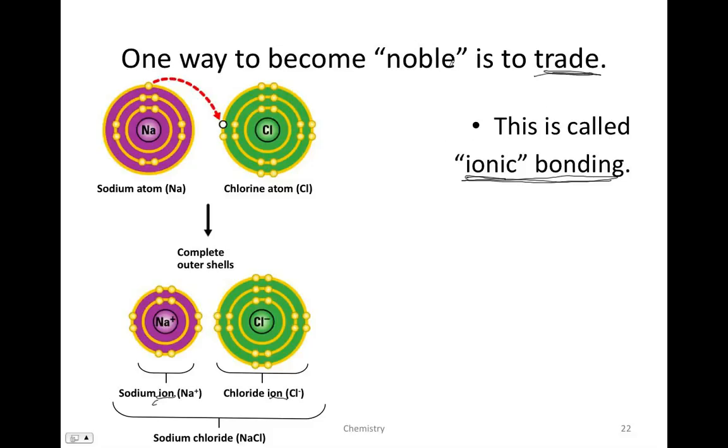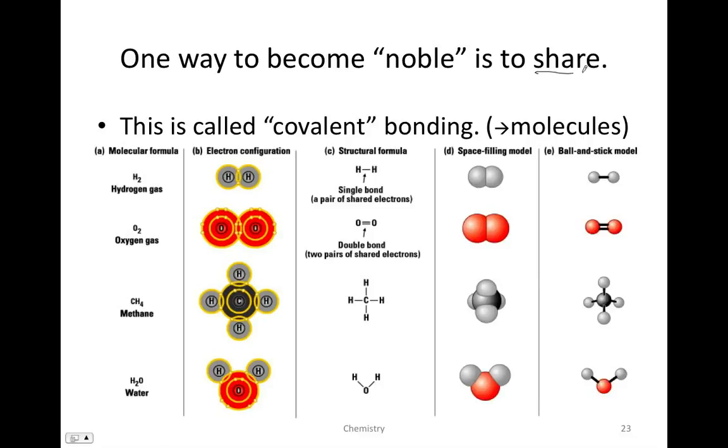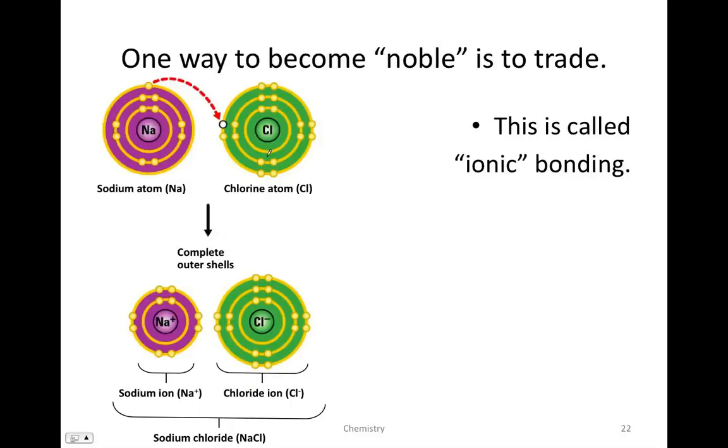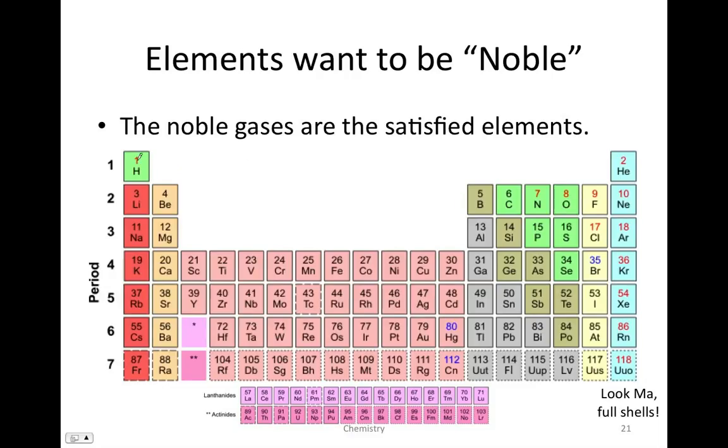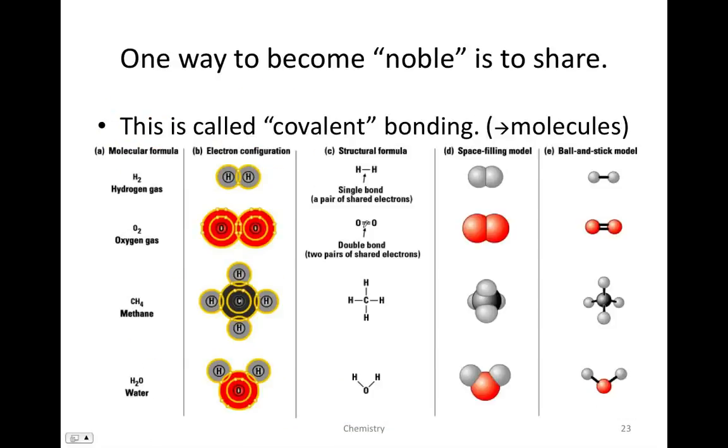There's another way to become noble, though, and that is to share electrons. So hydrogen wants 1 extra electron. If we go back here, hydrogen has 1 electron, and that isn't a full shell, but if it had 1 more electron, it would have a full shell like helium. It would be noble-like.